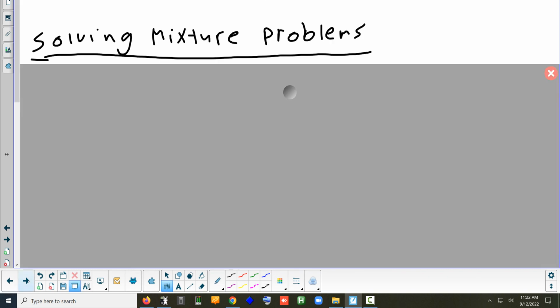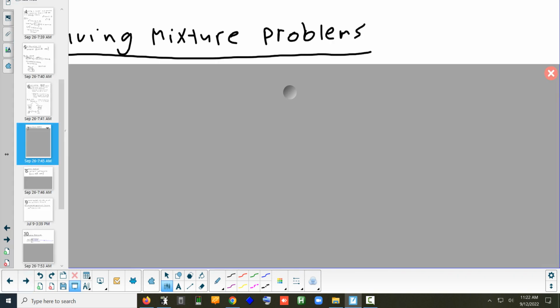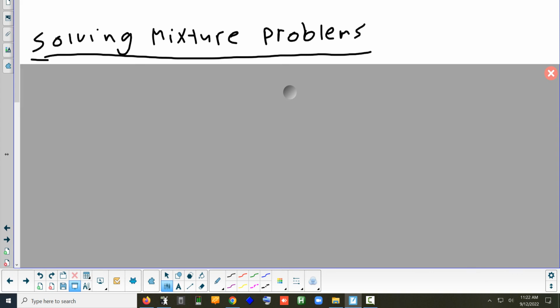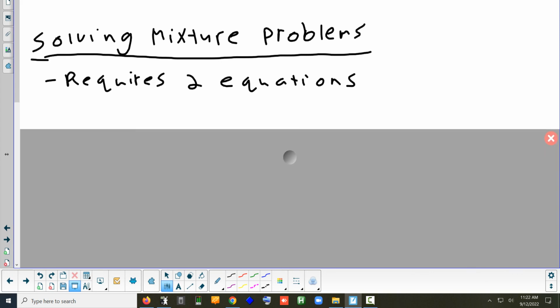Okay. All right, so mixture problem. A mixture problem is the kind of problem where you are given two different chemical solutions, and we want to combine them together to create a new one. So maybe you have a solution that's like 20% rubbing alcohol, and you have one that's 50%.